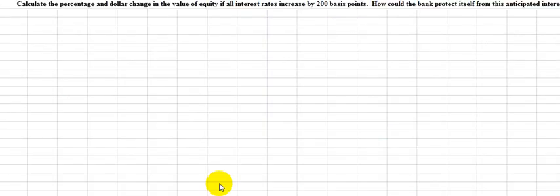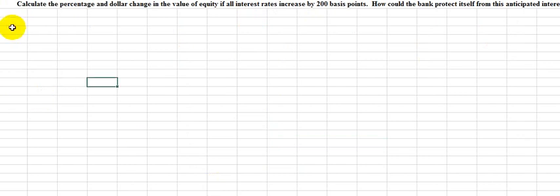Okay, now let's move to part 2. It says calculate the percentage and dollar change in the value of equity if all interest rates increase by 200 basis points. How could the bank protect itself from this anticipated interest rate change?